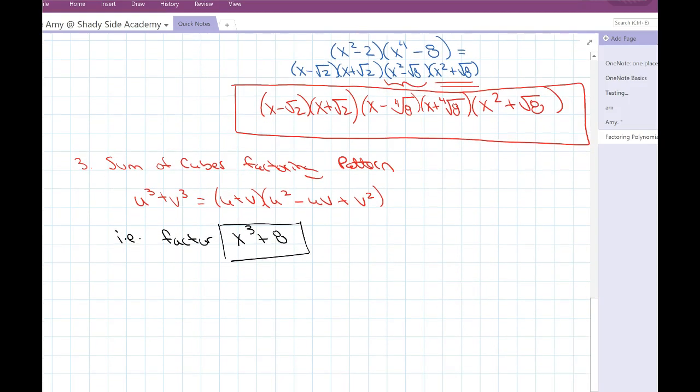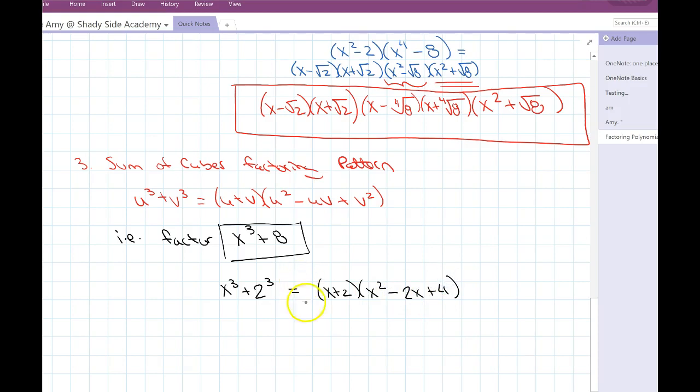There are not 4 terms, so I'm not going to go to grouping. But I say, oh, I have a sum of cubes. Because x cubed plus 8 is the same thing as x cubed plus 2 cubed. And now I know that this will factor to be x plus 2 times x squared minus 2x plus 4.